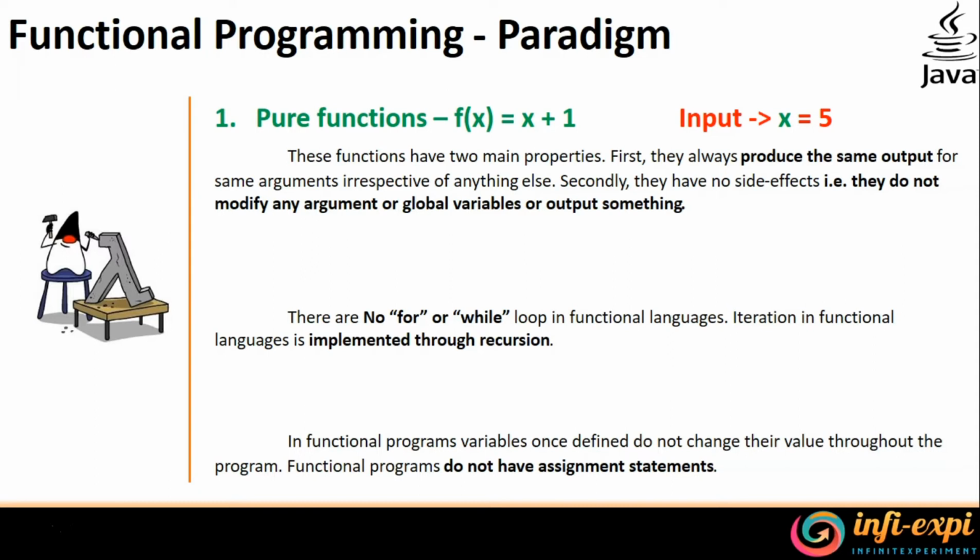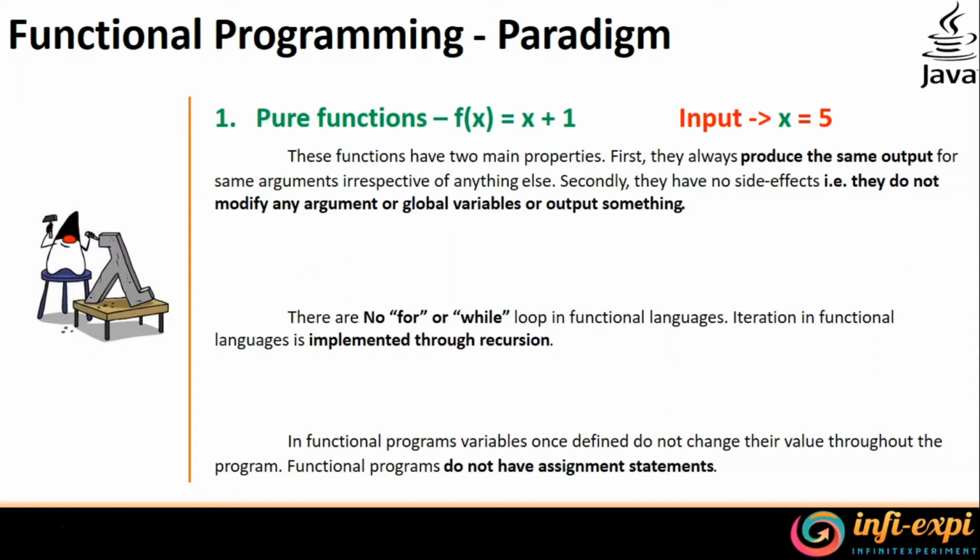What a pure function defines is, for a given functional expression, the argument value should not change its state. That's what we also discussed in the earlier video. So the first understanding here is it should always produce the same output.